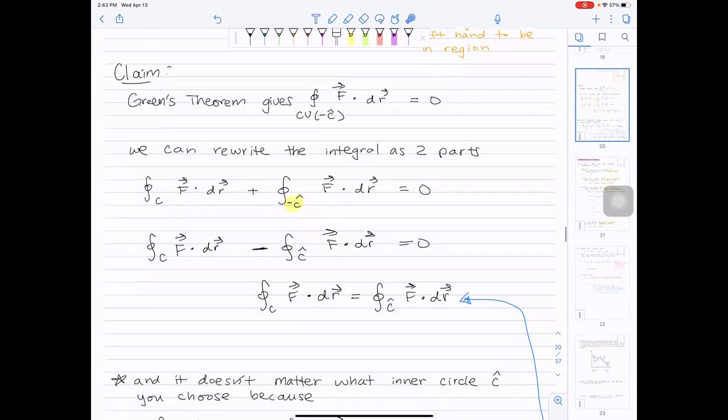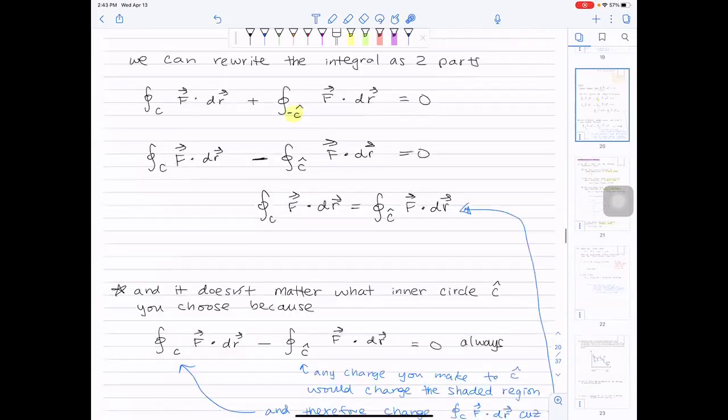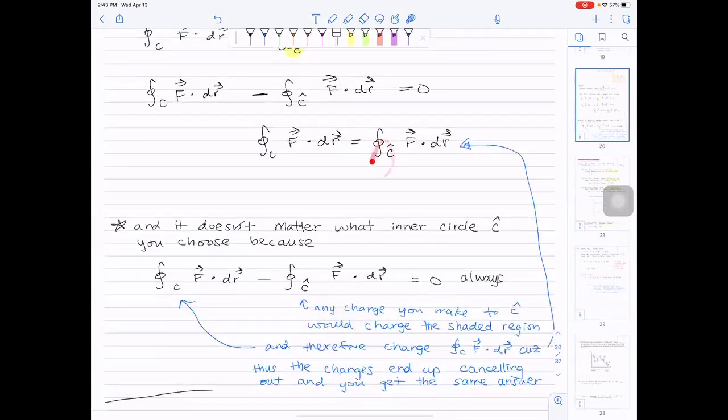I'm going to say that it doesn't matter, because if we change C hat, we get some other number, but we set that equal to the integral over C, so our integral over C will also change. No matter what, you have one thing equal to something else, but you're subtracting it, so you're always going to get 0. Any changes you make to C hat will end up canceling out at the end.